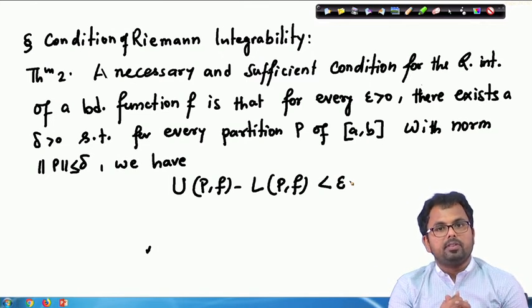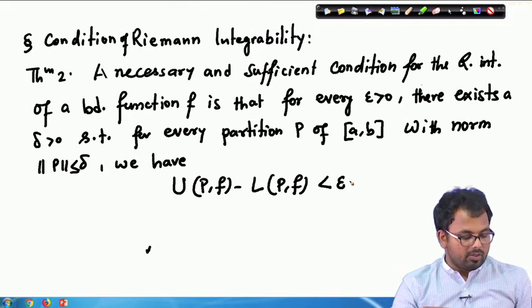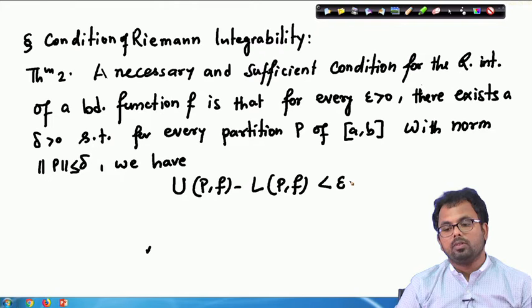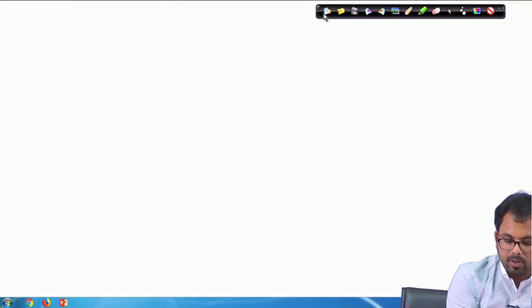What other properties does the function need to have for us to say whether it is Riemann integrable or not? We will look into a few properties and some results related to Riemann integrable functions. So let's go to the first property.